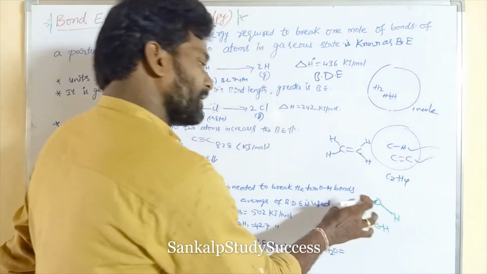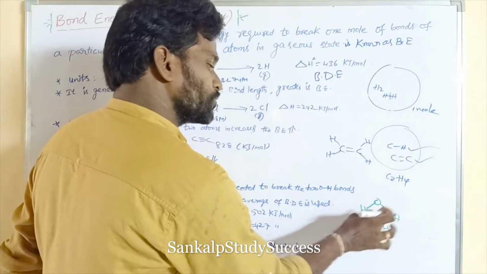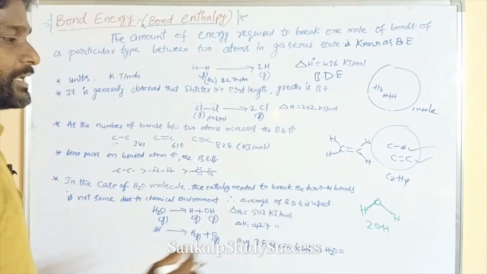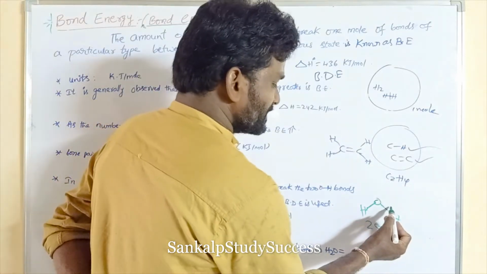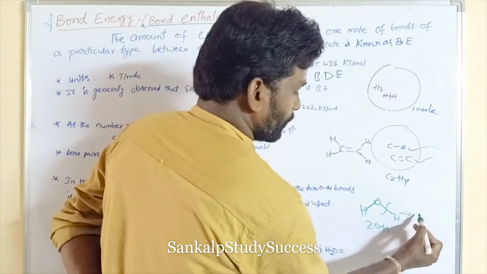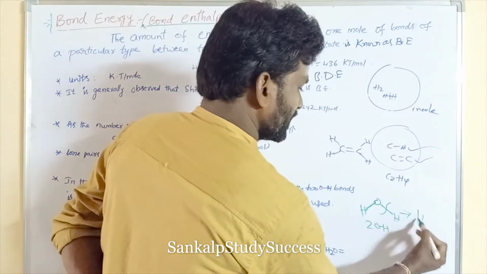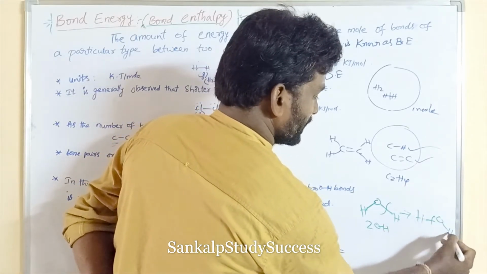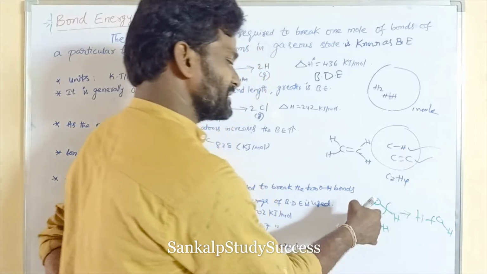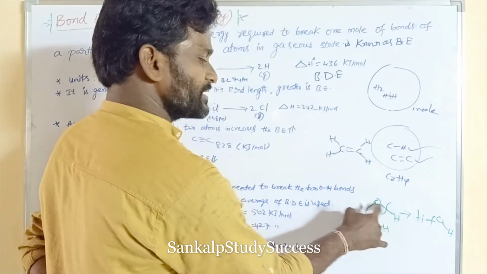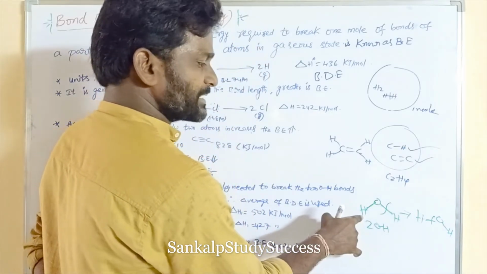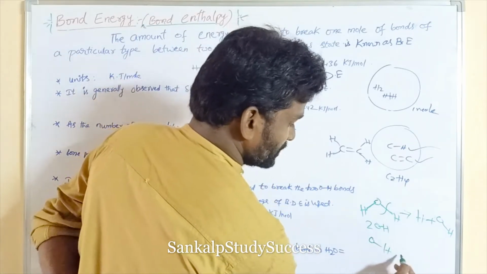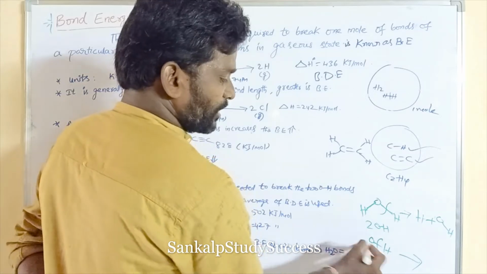So these two OH bonds are similar, but the bond dissociation energy of these two OH bonds is not the same. If the O bond H is broken, what is obtained? H and OH is obtained. So in the first case, the OH bond has a hydrogen surrounding it, but now the O bond H has no surrounding hydrogen.